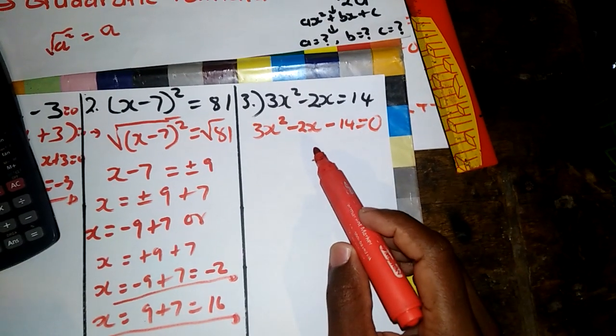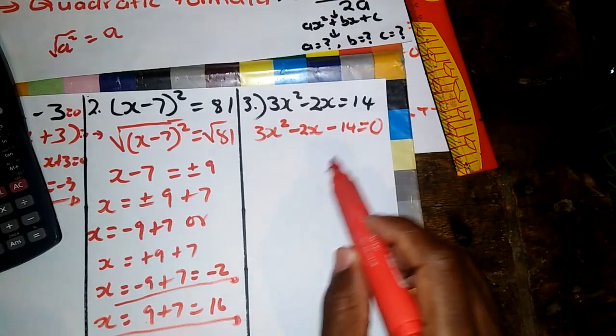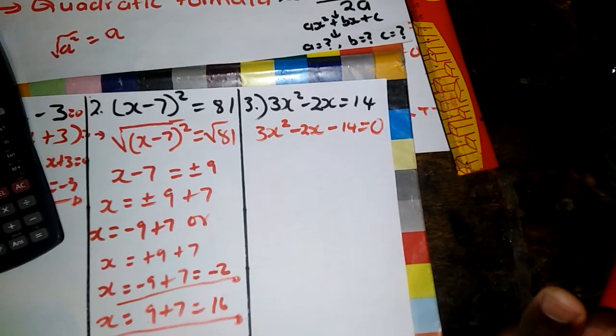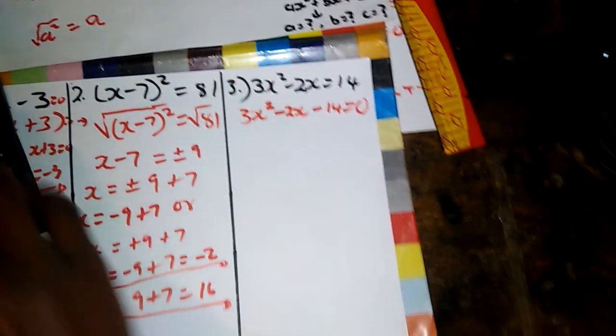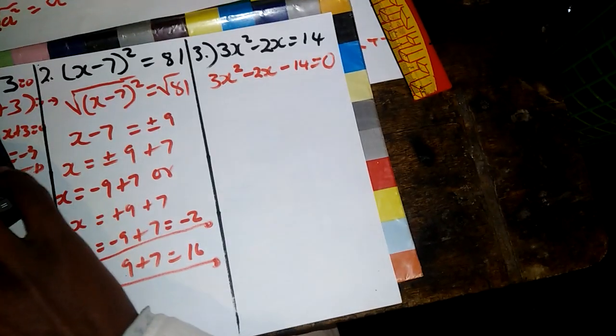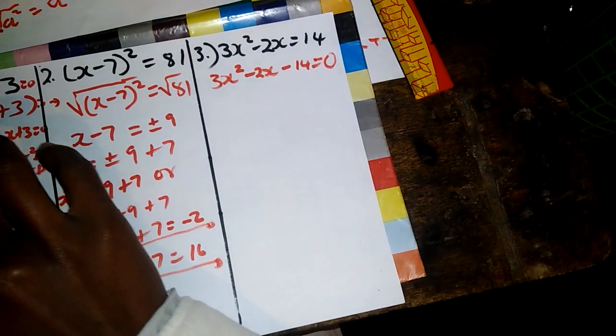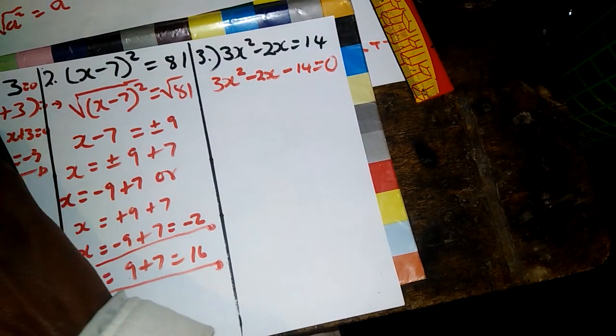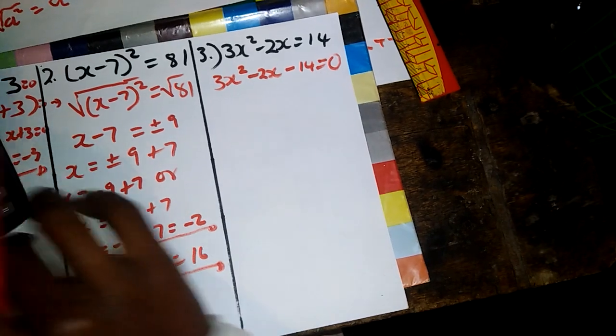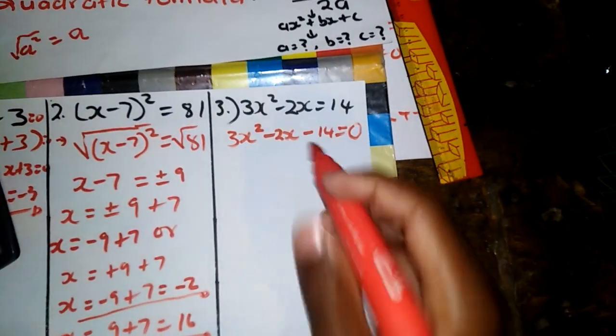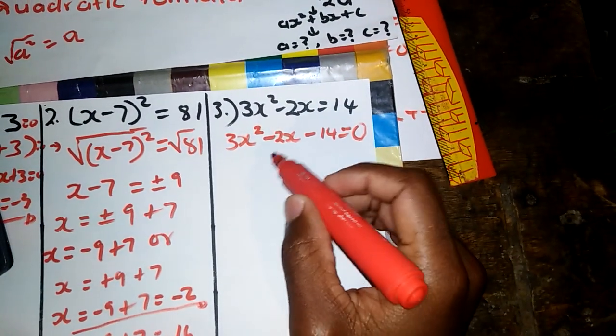And again, if I say 2 times 3, that's 21. It means there are no factors for this.